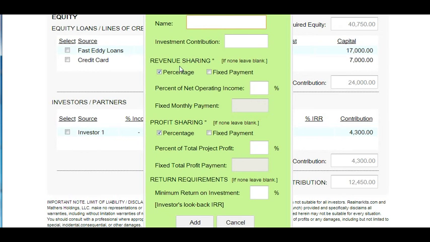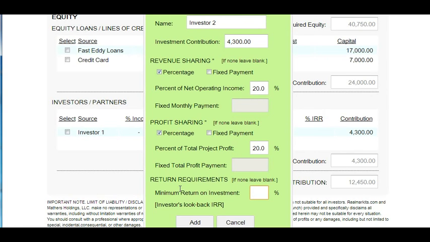Okay, let's add one more investor. Now this guy's paid after investor 1, the investor 2. He's also going to get 4,300, but he wants 20%, and percentage, he wants about 20%. But now he's got a minimum look-back IRR, so what the program's going to do is look at his cash flow and then make up the difference at the end.